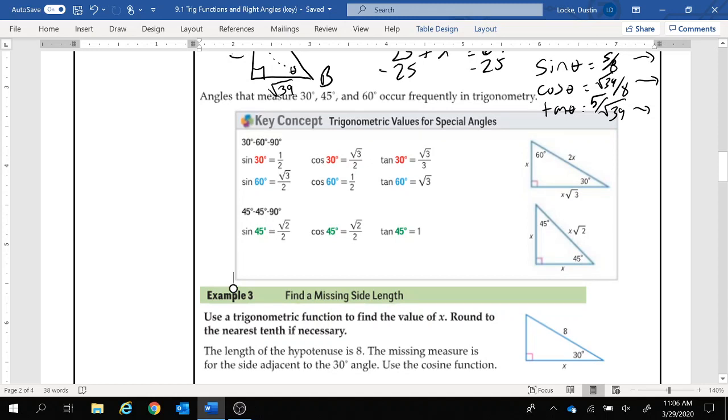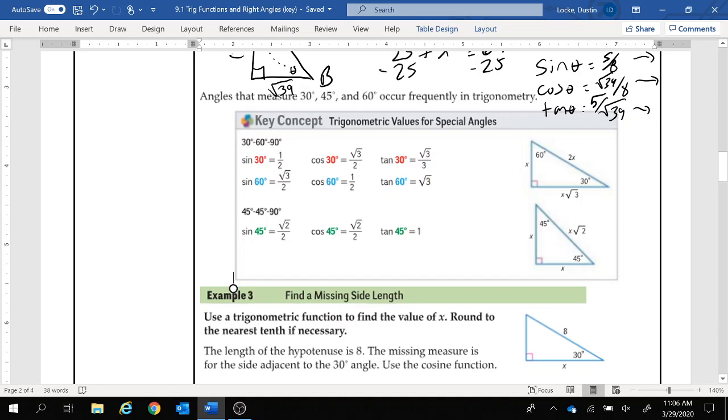Now, in this box here, there are special right triangles. Those are 30, 60, 90 triangles and 45, 45, 90 triangles. We're actually going to come back to this in a later lesson. Technically, these are shortcuts you can use to find missing sides, but just for the time being, I want to make sure we can practice setting up trig functions just to solve them without really remembering a shortcut.